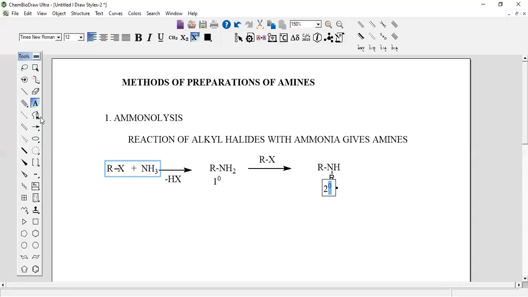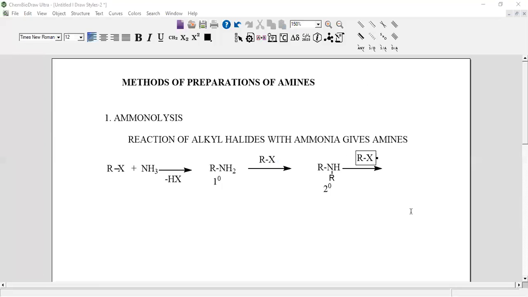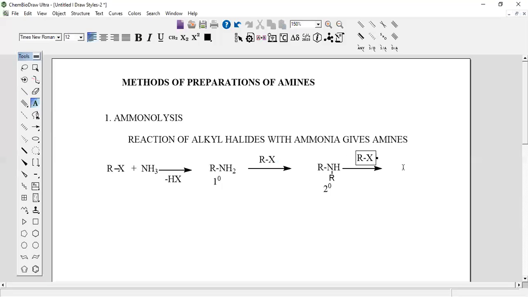But this reaction never stops here either, because there is one more hydrogen in the secondary amine. Therefore, it will react with another molecule of alkyl halide, and then another molecule of alkyl halide.